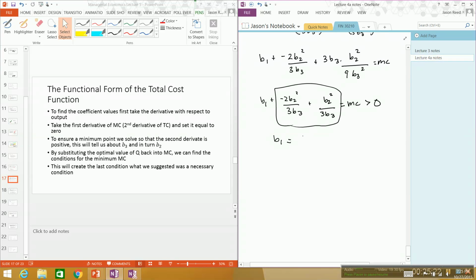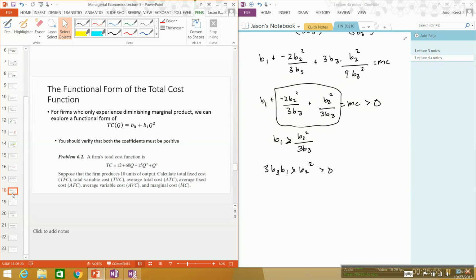So we can set that equal to, essentially, beta 2 squared over 3 beta 3. So now we can say that 3 beta 1 is greater than beta 2 in order for this to be greater than 0, which both of these are greater than 0, and that's exactly the condition we suggested to have in the beginning.